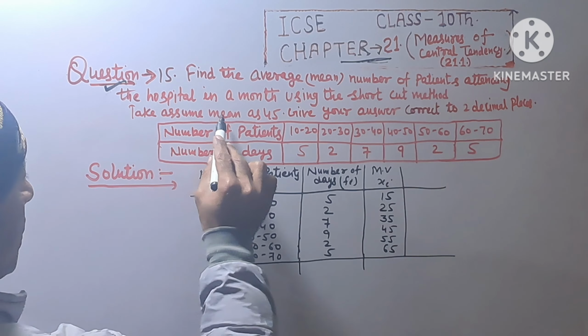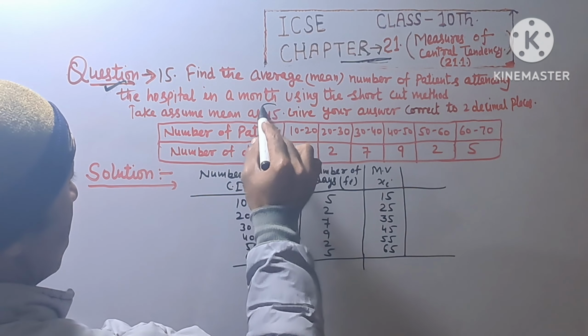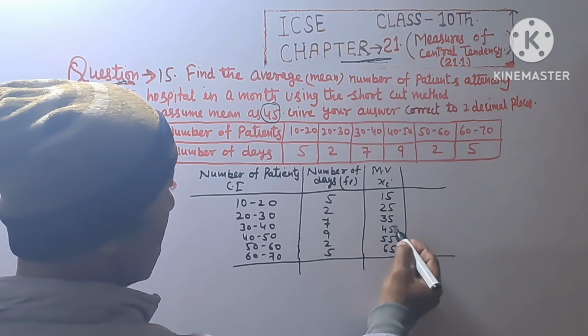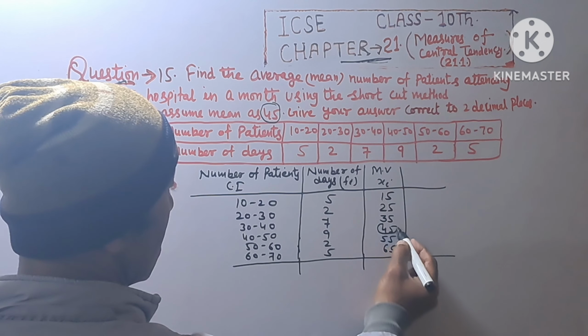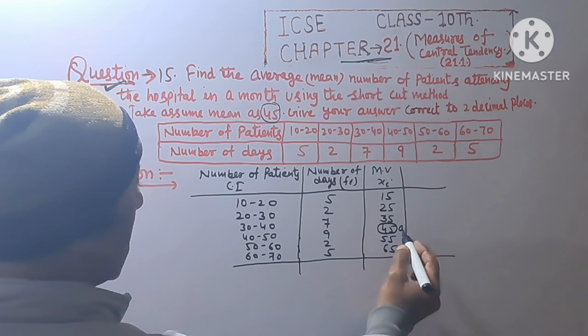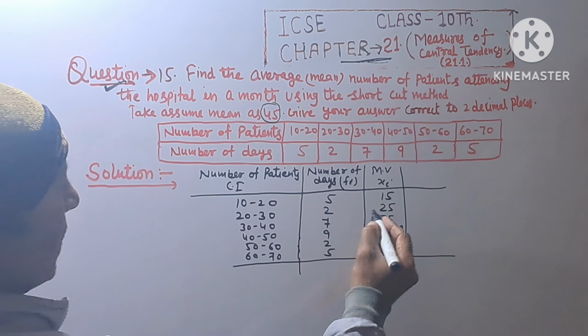It's given, assume mean a is equal to 45.